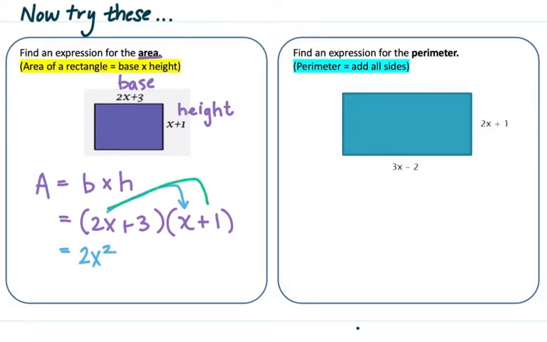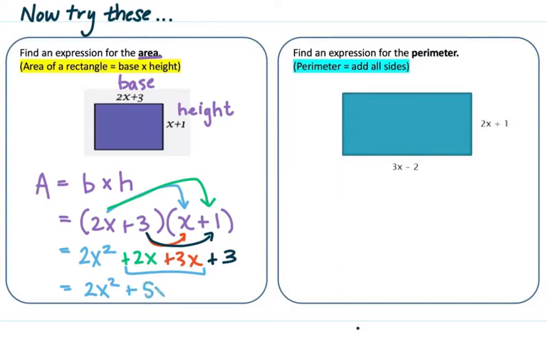The outside terms, so 2x times 1 is just 2x. Now the inside terms, 3 times x is 3x. Now the last terms, 3 times 1 is just 3. Now usually we can combine the middle terms. So that's 2x squared in this case plus 5x plus 3. So that would be an expression for the area of this rectangle.